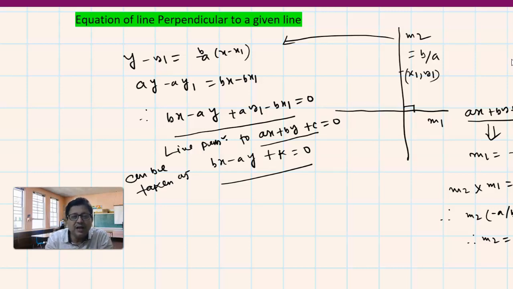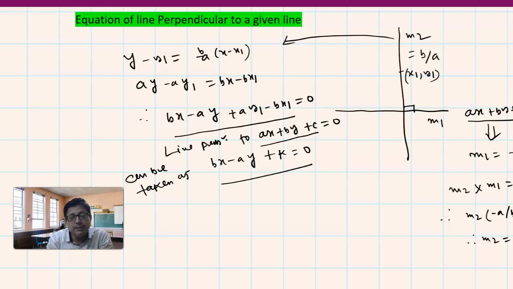Step 2: we change the sign in between them. Step 3: we change the absolute term to another one. We have exchanged the coefficients, step 1 done, because b goes to x here, a goes to y there. Step 2, this sign was plus, we have changed it to minus. And step 3, the absolute term is changed to k.